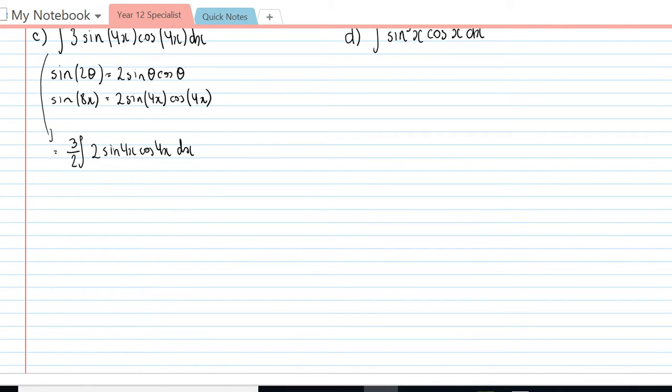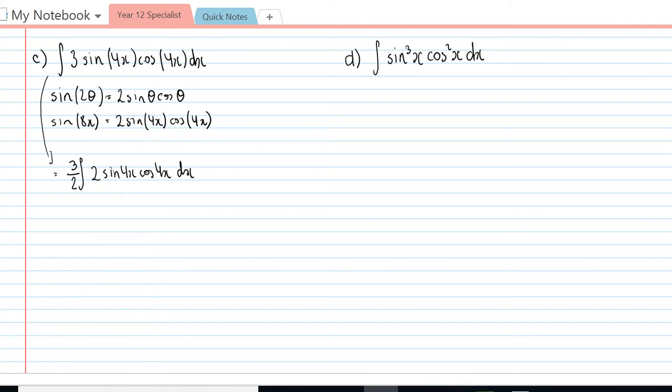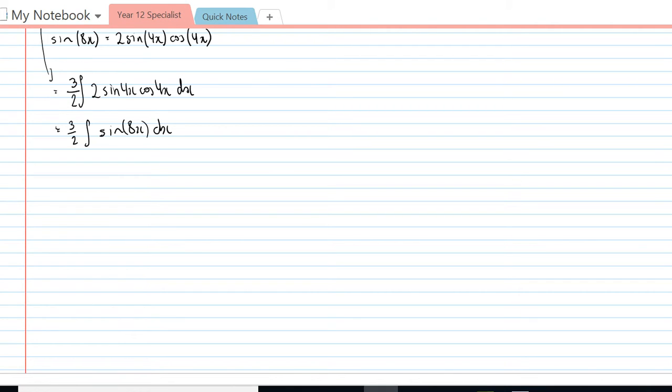So now I've got something I can work with, and so I can replace the 2 sine 4x cos 4x just with sine 8x. So that is the 3 halves of the integral of sine 8x dx, which I can now anti-differentiate quite nicely because sine just becomes negative cos, and so I get negative 3/16.